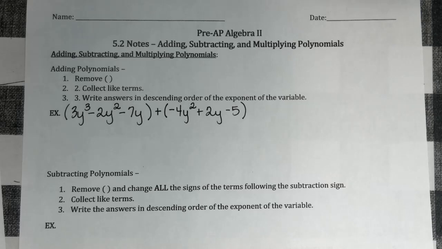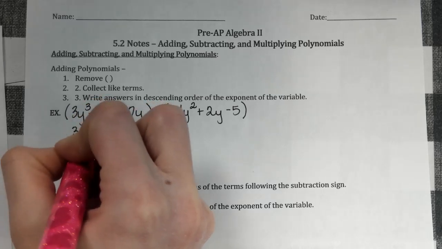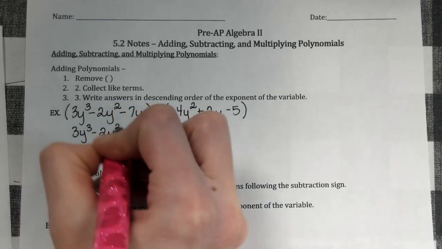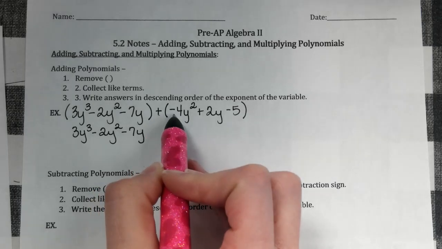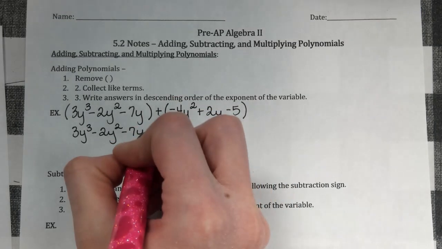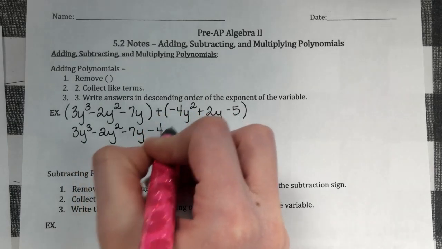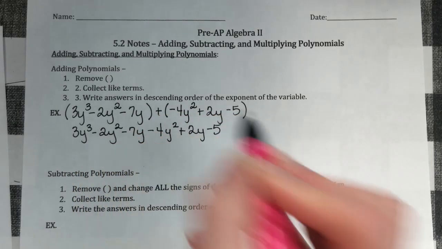So what you're going to do is rewrite this problem without the parentheses. I copy down the 3y cubed minus 2y squared minus 7y. And then when I have the plus negative 4y squared, at no point should we have a plus negative. We will jump straight to minus 4y squared plus 2y minus 5.